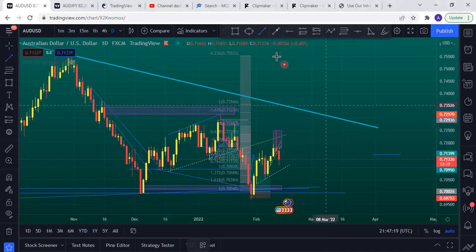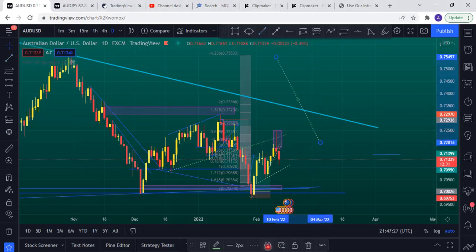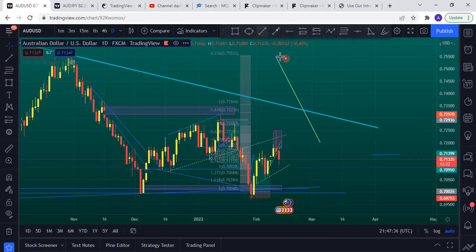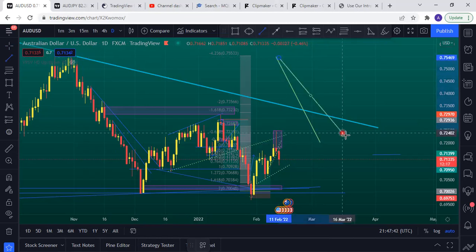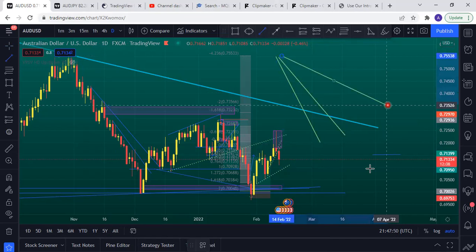This is what I mean by the slope. A trend line that is slanted like that is going to be much weaker than a trend line that is slanted like this, and much weaker than a trend line that is slanted this way.